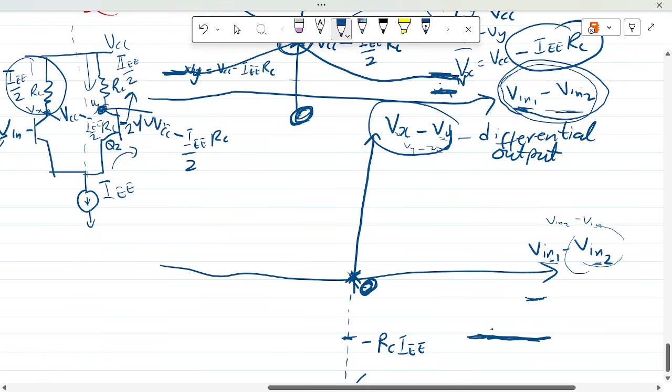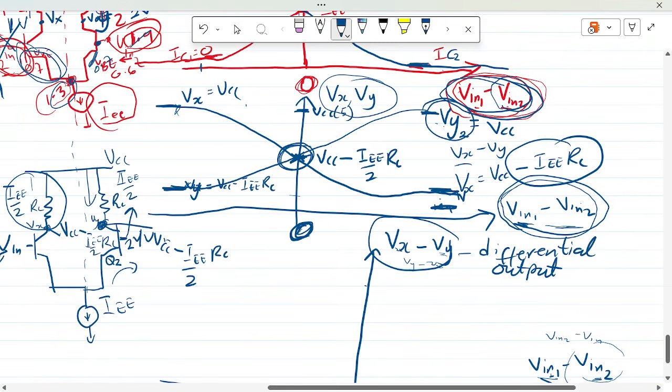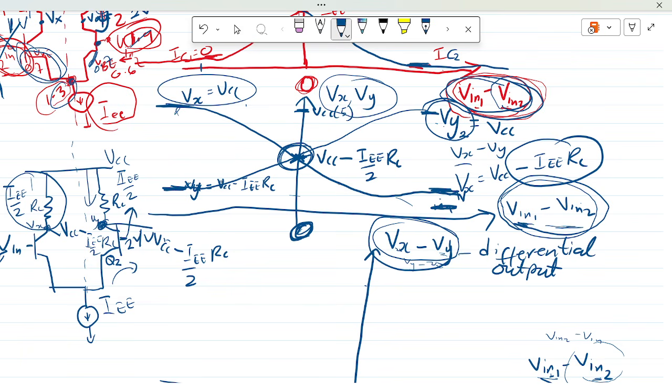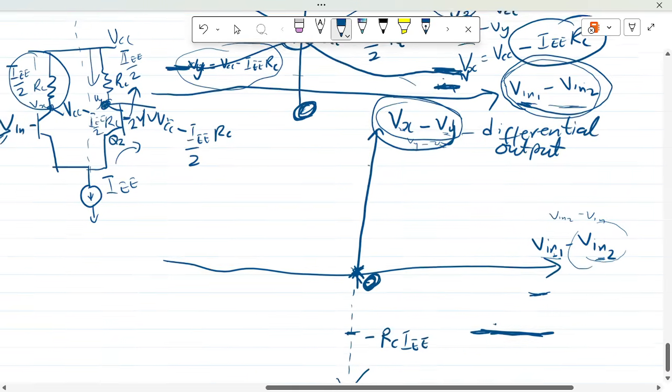Okay, so when you come here, what's the difference going to be? We are plotting Vx against Vy as our differential output. So we have Vx being a big positive VCC, then we take away Vy, which is VCC minus IEE RC, and this means we are going to get positive.